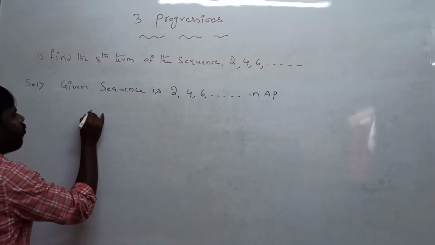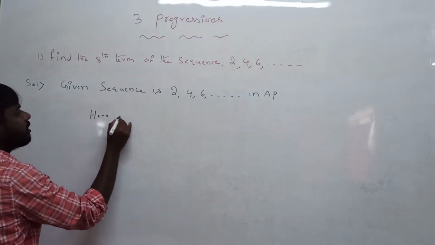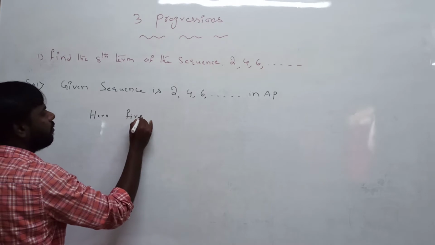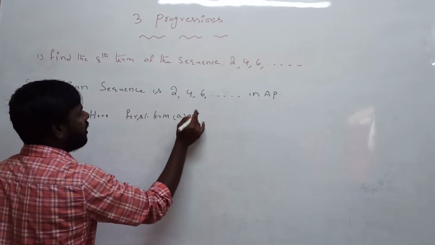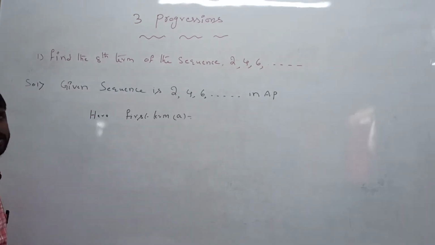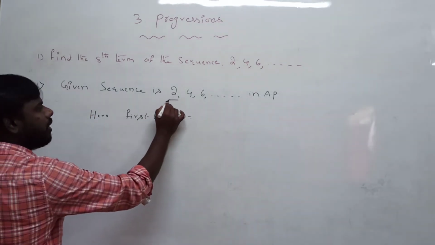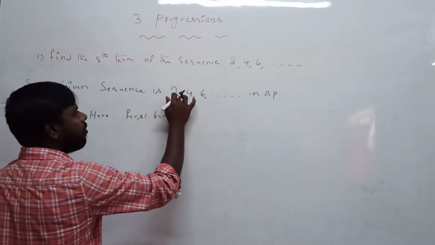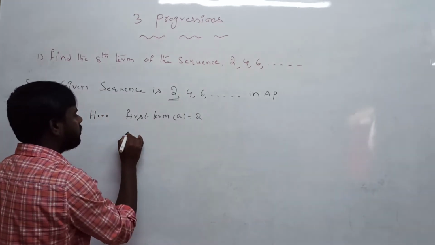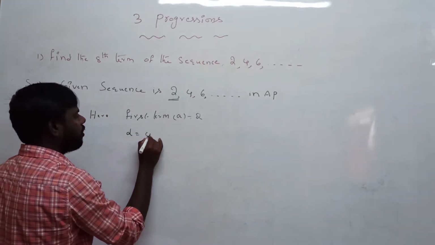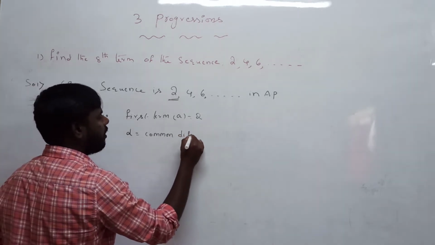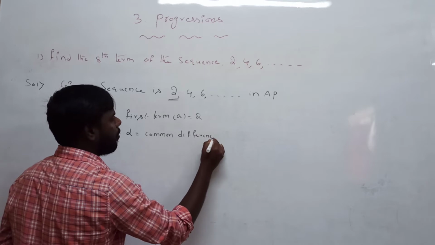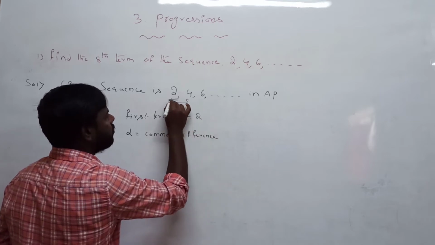Here, what is a? a is called the first term. In the sequence, what is the first element? It is 2. So the a value, the first term, is 2. Next is d. d is nothing but the common difference. What is the common difference between these two terms? 2.